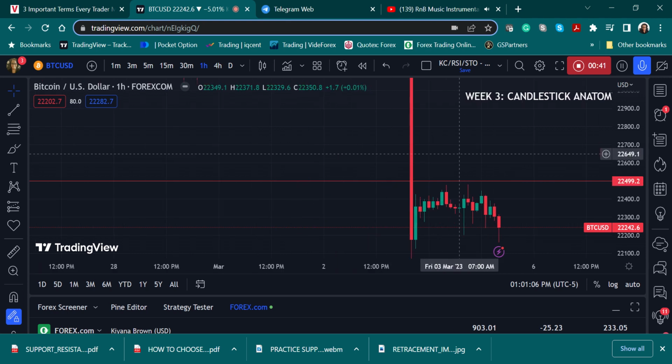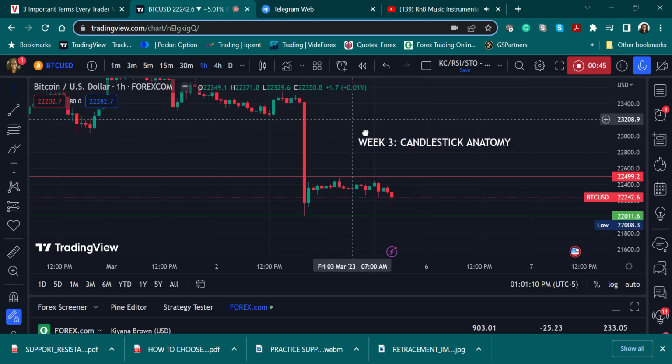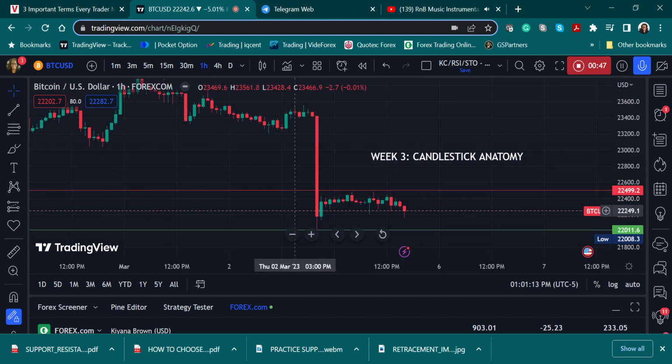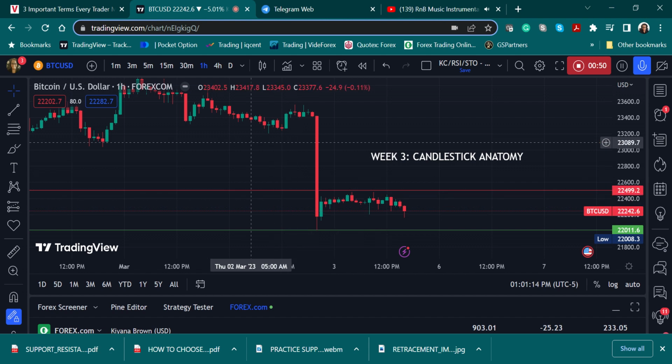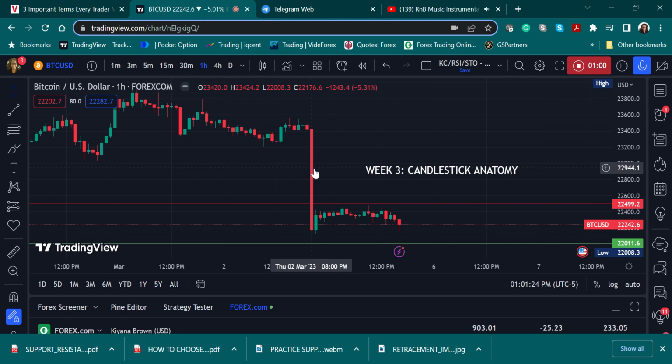A bearish candlestick can be in many different sizes. You can have an elongated one, you can have a medium-sized candlestick, and then you can have a small candlestick when they have small bodies. So let's talk about the bearish candlestick.